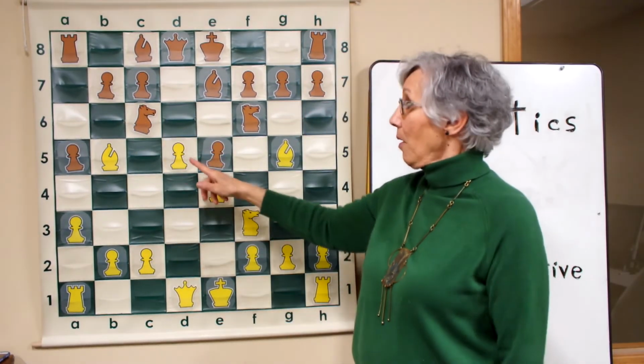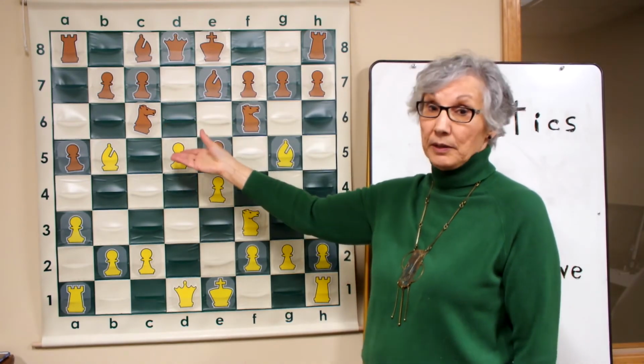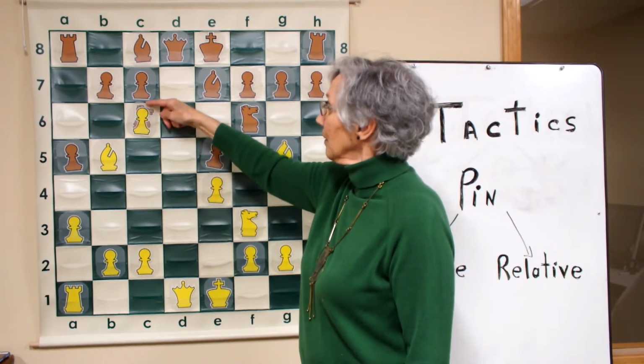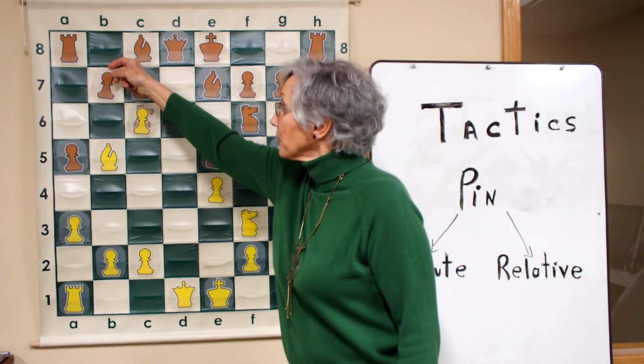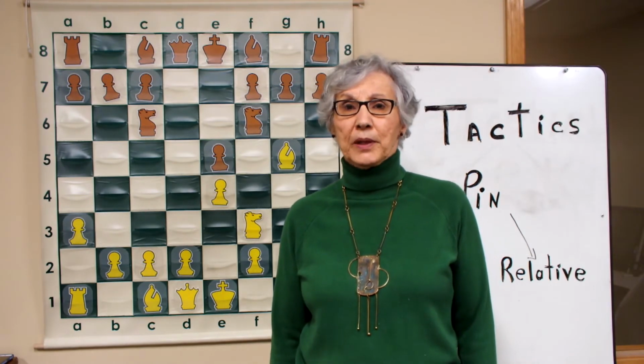But if the pawn, which is worth 1 as opposed to the knight that's worth 3, captures, and then the pawn recaptures, you've gained material.